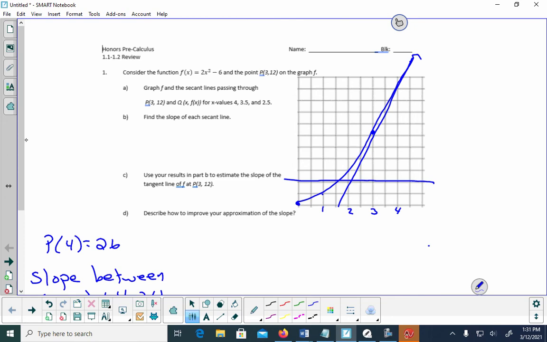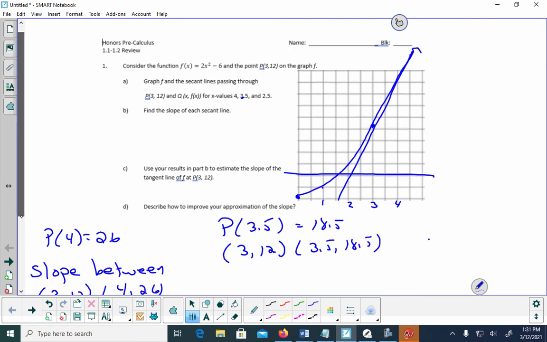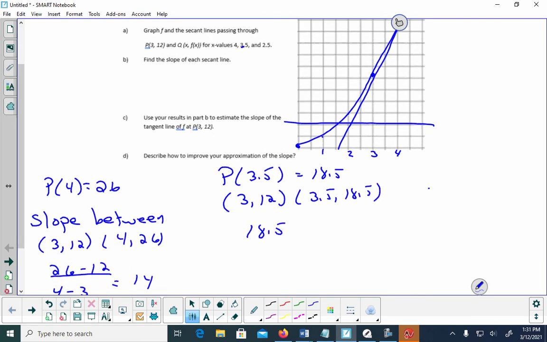The next one, I'm going to find f of 3.5. And when I do that in my calculator, I get 18.5. So when I find the slope between (3, 12) and (3.5, 18.5), that'll be 6.5 over 0.5, which is 13.